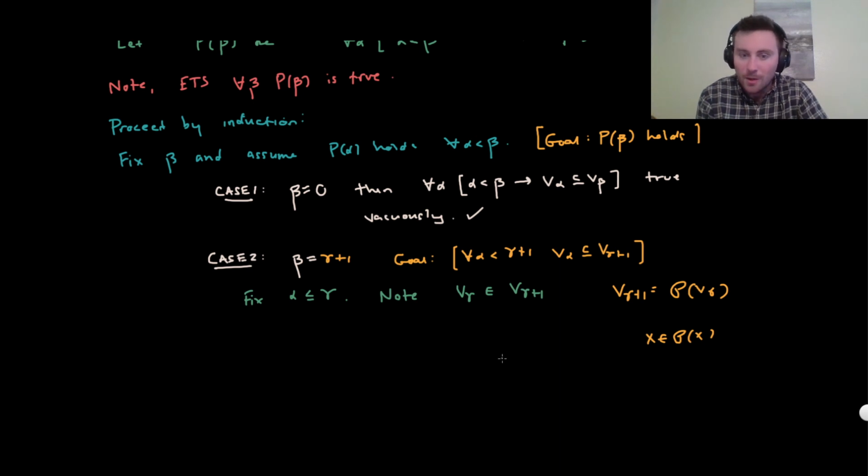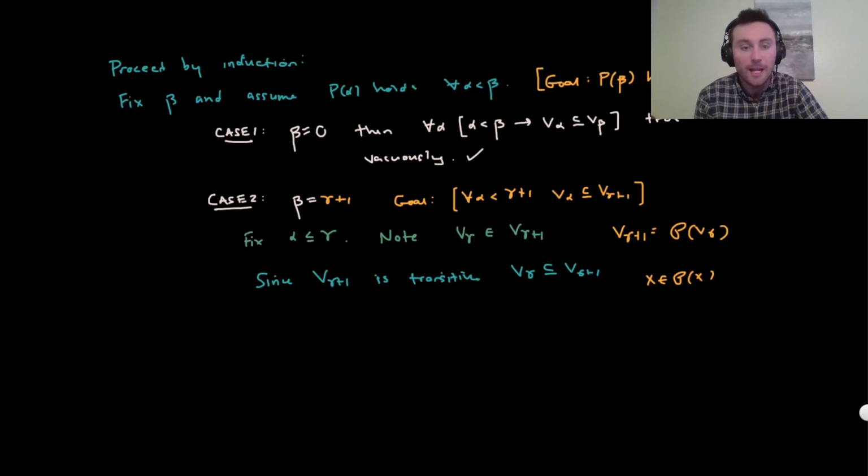And so what do we know? Well, we proved in the previous proposition that all these stages of our cumulative hierarchy are transitive. So since V gamma plus 1 is transitive, V gamma is a subset of V gamma plus 1.